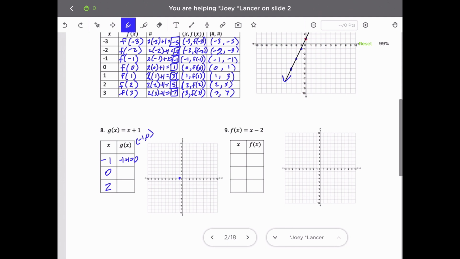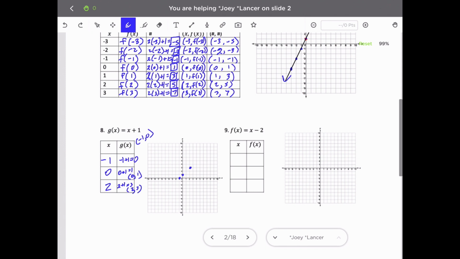For 0, it's 0 plus 1, which equals 1. So the coordinate would be 0, 1. And for 2, it would be 2 plus 1 equals 3. Coordinates of 2, 3.